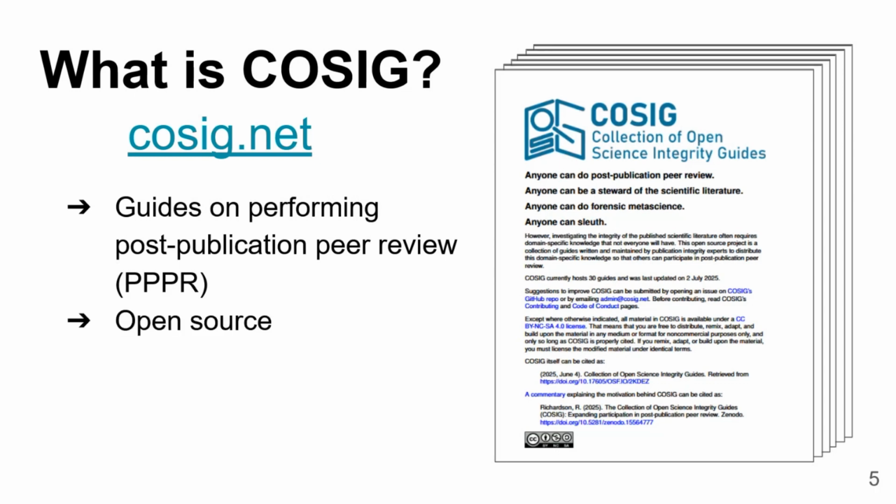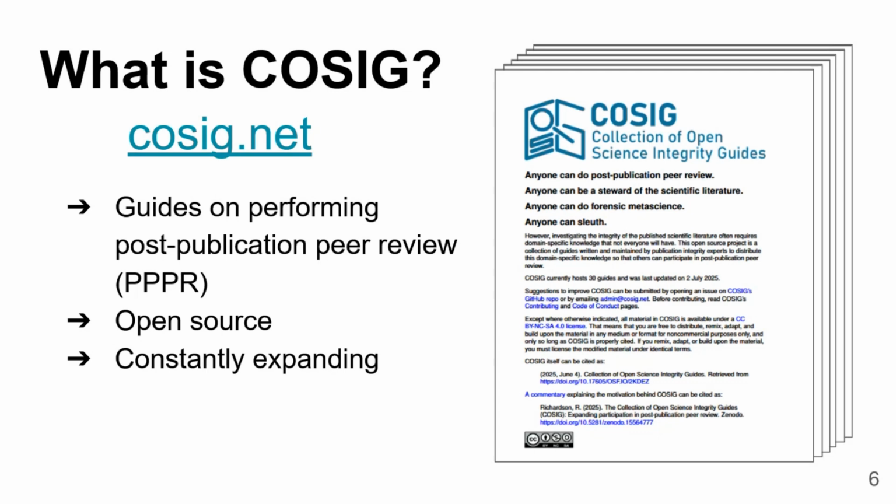And it is fully open source. It's modeled off of an open source software project. So the idea is you can adapt COSIG however you like, and there is an open invitation to contribute to COSIG. If you have tips that you think would be useful for other people that want to take part in post-publication peer review, we want you to contribute to this project, and it does not matter who you are.